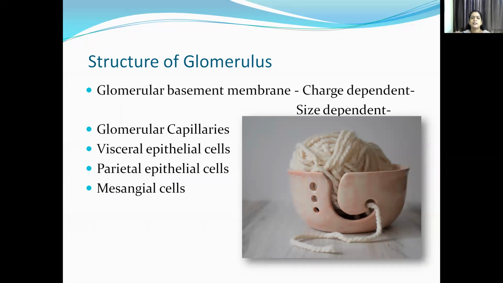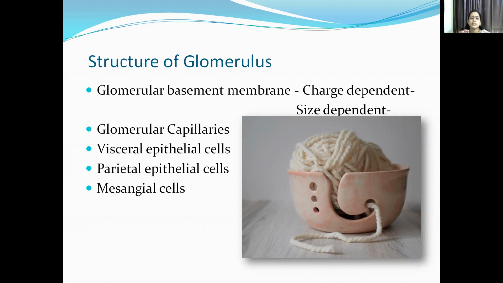So this is important for the understanding of renal pathology. So we've talked about two things: the glomerular basement membrane, which filtrates because of its structure, with the non-collagenous domain 1 acting as a support, and the charge-dependent and size-dependent filtration, and then the glomerular capillaries with the fenestrated endothelium.